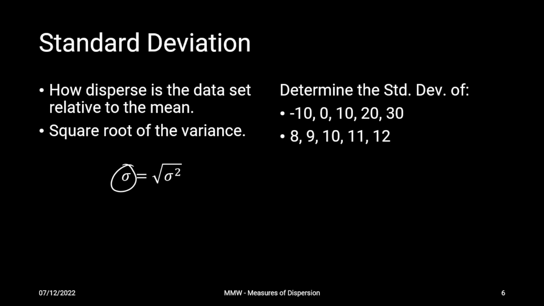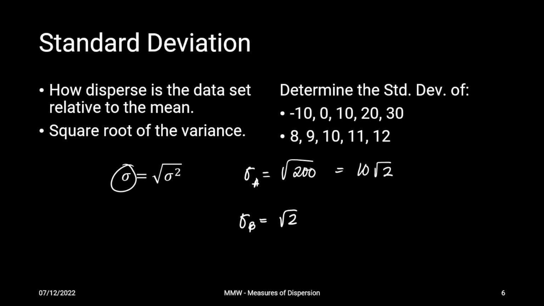Determine the standard deviation of the same data set kanina. Since ang formula lang naman natin for standard deviation is square root ng variance, kunin na lang natin yung square root ng variance natin kanina. So, for data set A, that is the square root of 200, which is equivalent to 10 square root of 2. For the standard deviation of B, which is equivalent to square root of 2.